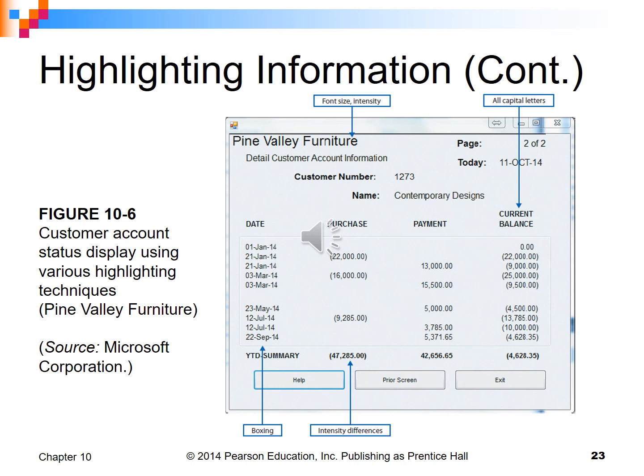You look at the font size intensity in the Pine Valley Furniture. You look at all capital letters, like current balance, payment, purchase, date. You see the intensity differences in the totaling when you total these, and the boxing. You look at all of them in one box, all indented in order. So that's some of the highlighting you could see.